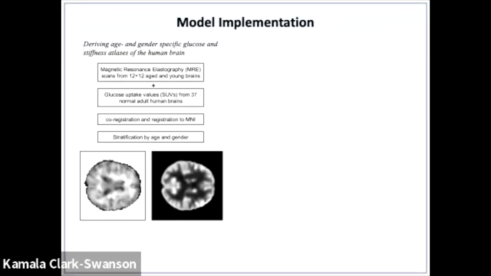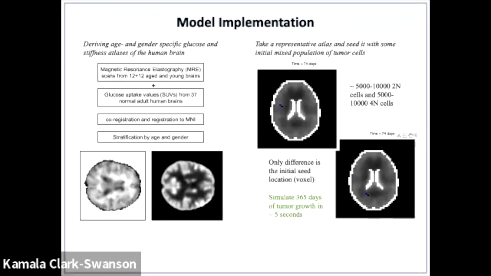You could stratify them and average them to get the stiffness map and the average resource distribution map for whatever age, gender, and however you want to do it. This is just a representation. You can start off in any voxel with somewhere around 15 to 20,000 cells, and you would see this tumor grow and spread around and do whatever it does.